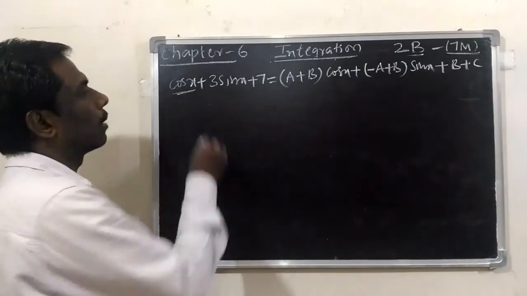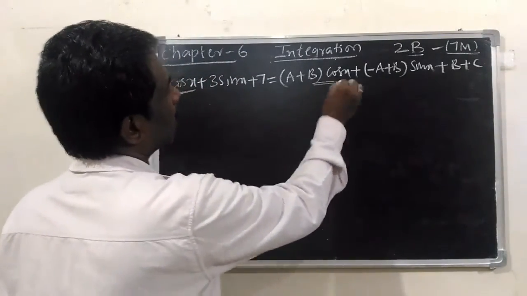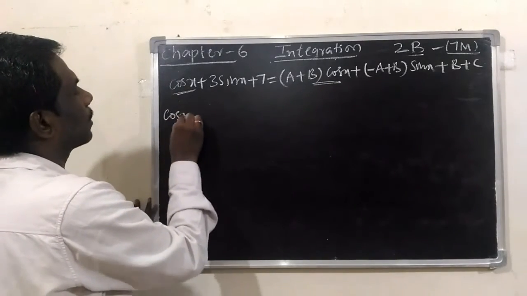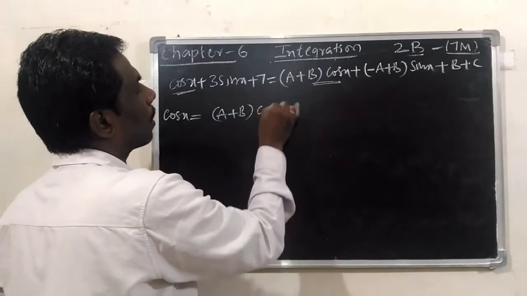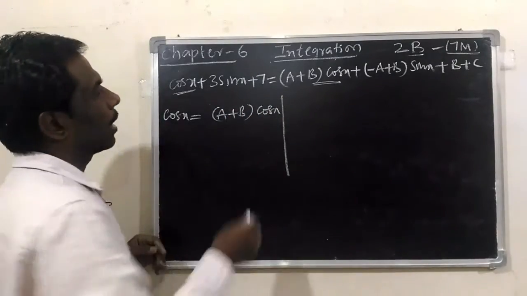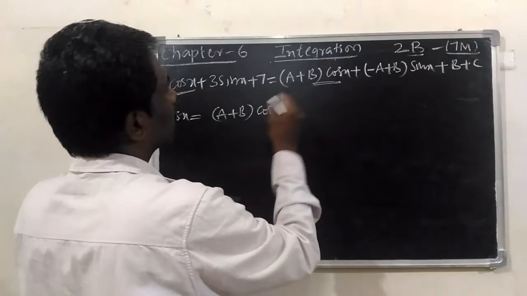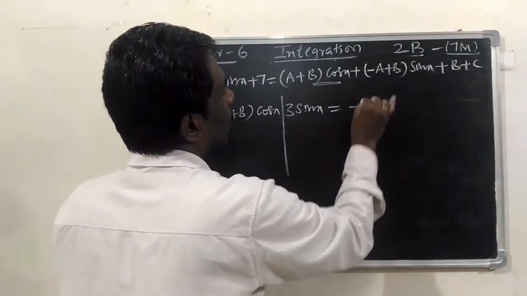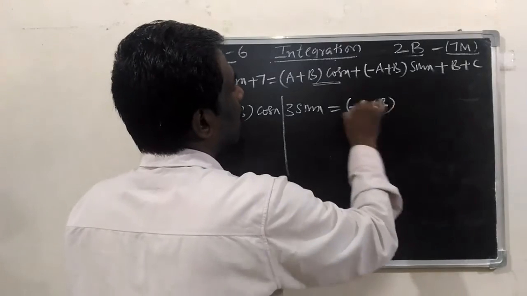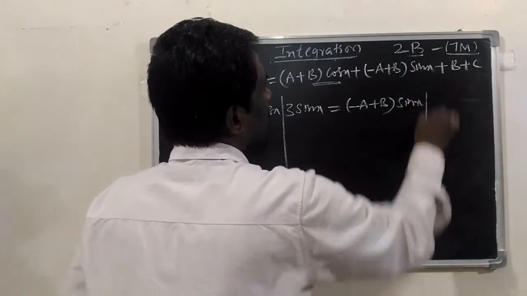Now I am equating the cos x terms. So cos x equals (a plus b) into cos x. Next equate the sin terms: 3 sin x equals (minus a plus b) into sin x.